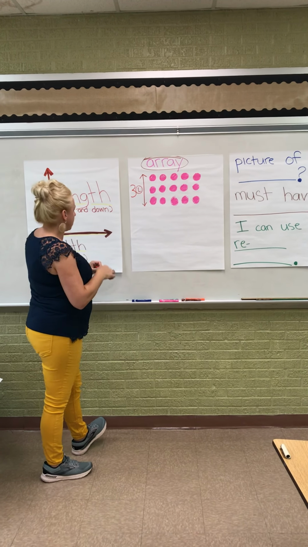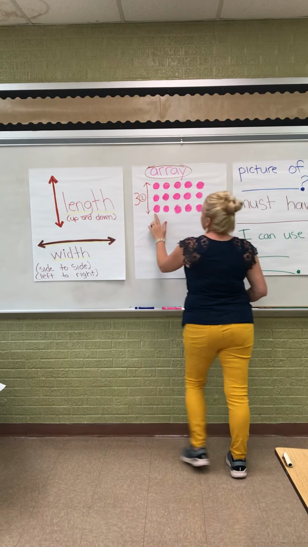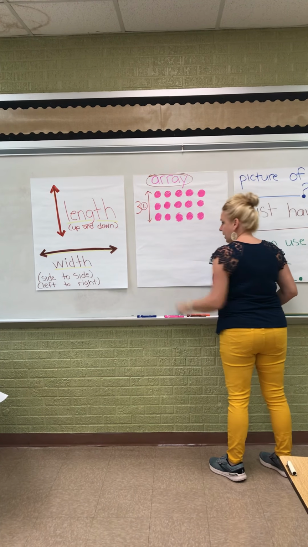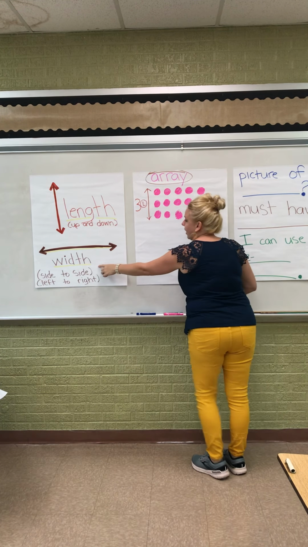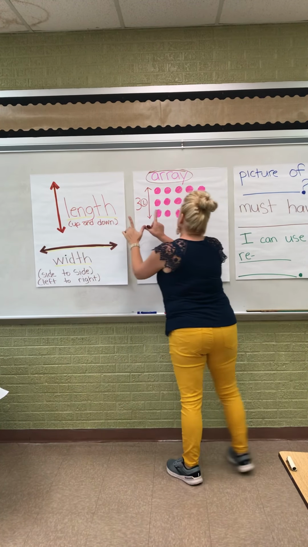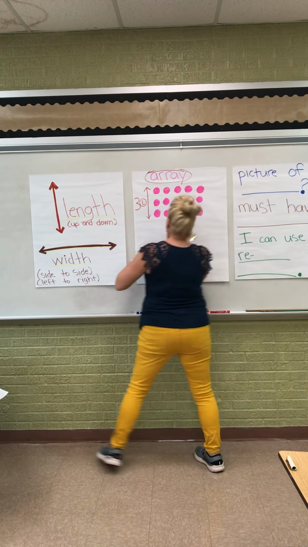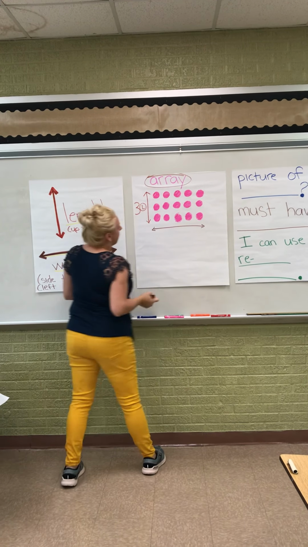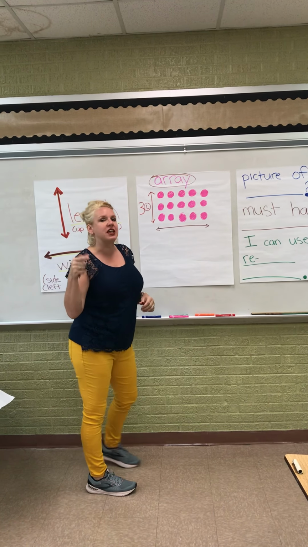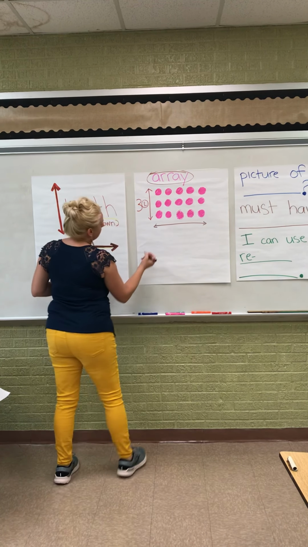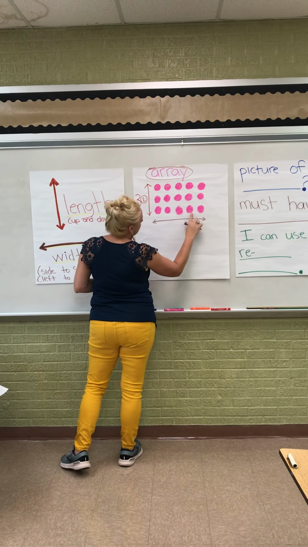Our length is 3. Now we're going to come over and we need a number for the bottom, because right now we don't have a number for the bottom, okay? All right, we are going to find our width. Remember, make a W, go side to side. So our width will go from here to here. Now, we're going to use those circles again to measure the width of this array. 1, 2, 3, 4, 5.